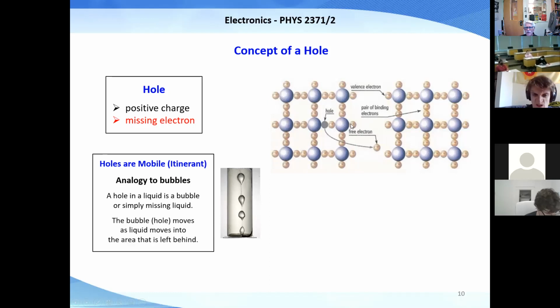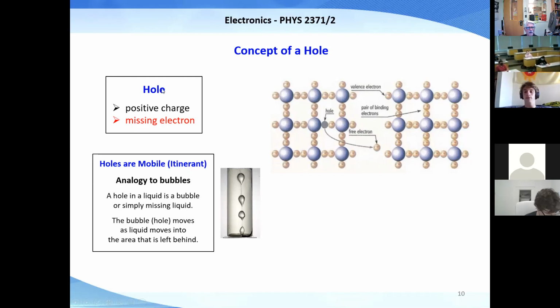So then you're left with a hole here. So what's happened is the hole has moved from here to here. And you can keep on doing that. You can keep on bouncing the hole from one silicon atom to another, and you can get conduction.